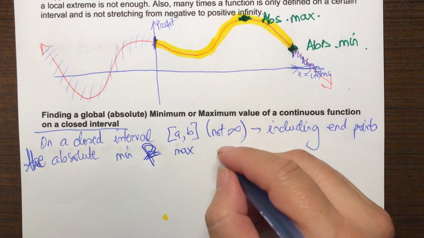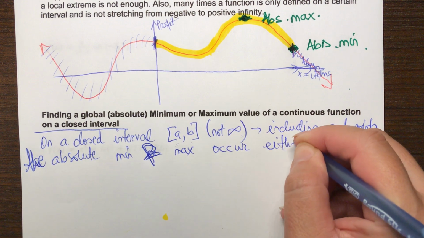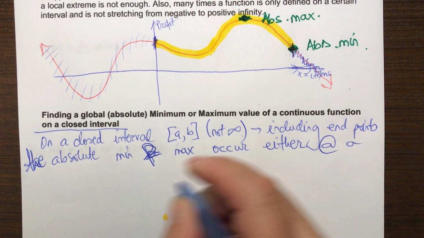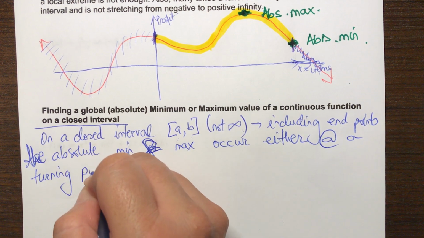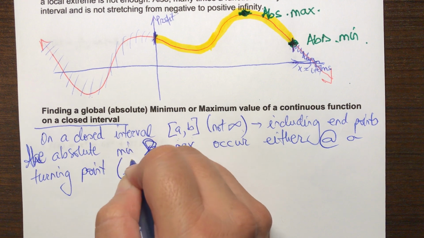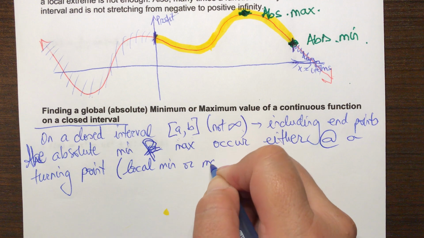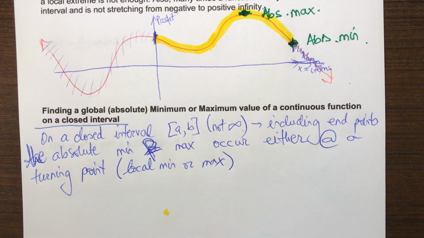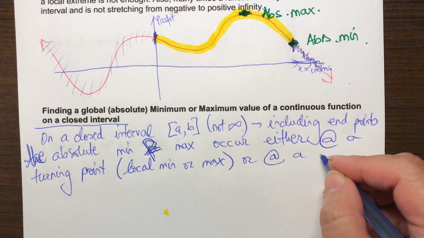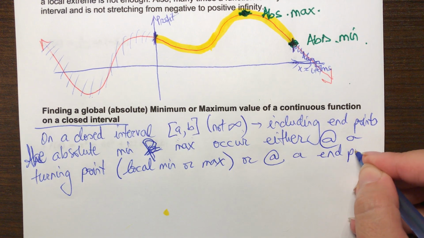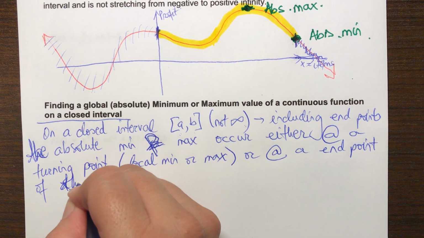The absolute min and max occur either at a turning point. What do I mean by a turning point? A possible local min or max. Or at an endpoint of the interval.